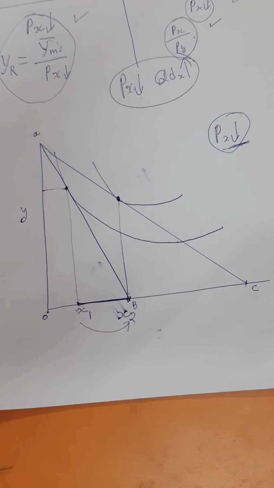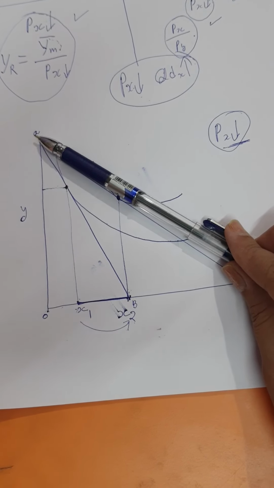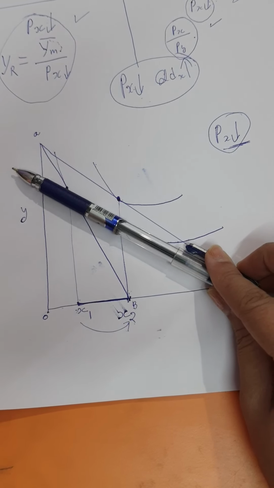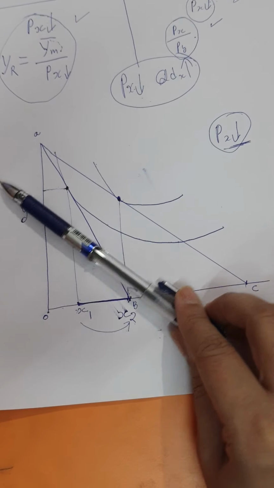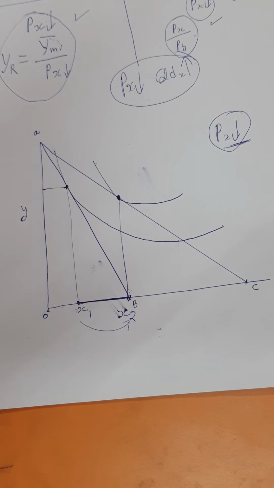I mean to say, this is budget line of the consumer. If we snatch some portion of income, it will shift downwards. Technically, we can say that we will compensate some income of the consumer in such a way that he reaches previous level of purchasing power or satisfaction level.